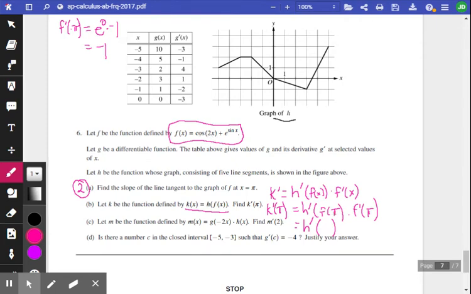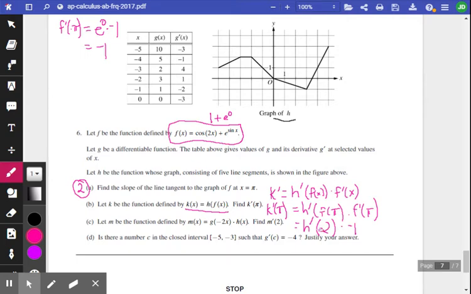So the cosine of 2 pi, that's 1. e to the sine of pi is e to the 0. So we have 2. So this is 2. f prime of pi we already got in part A, we already know this is -1. So h prime of 2.